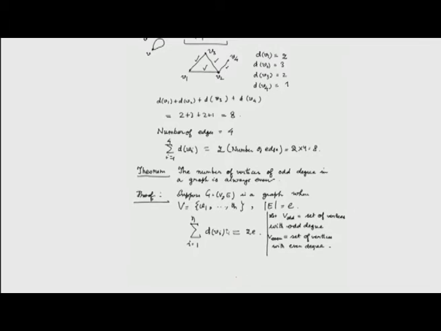Now, if we have this, then the sum that we are considering can be split up into two partial sums.